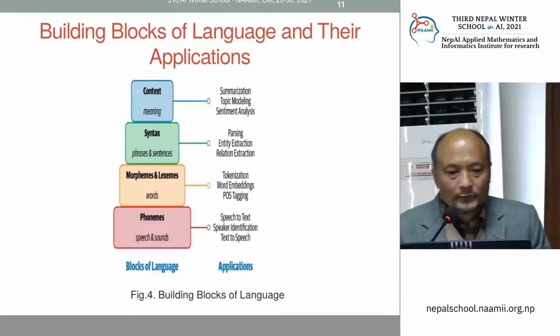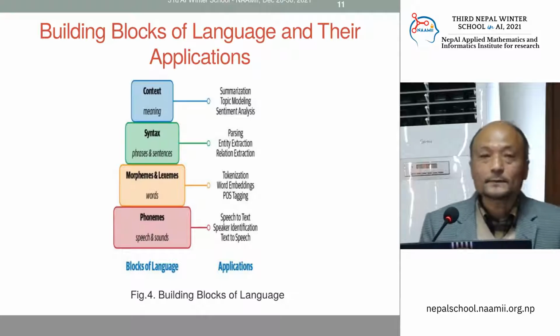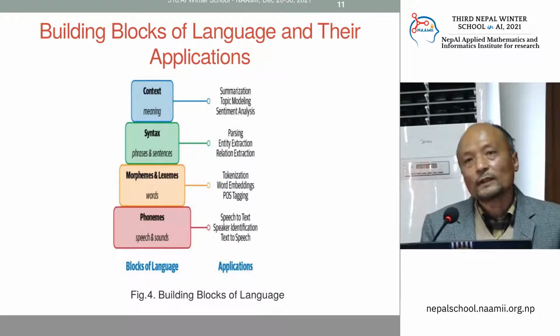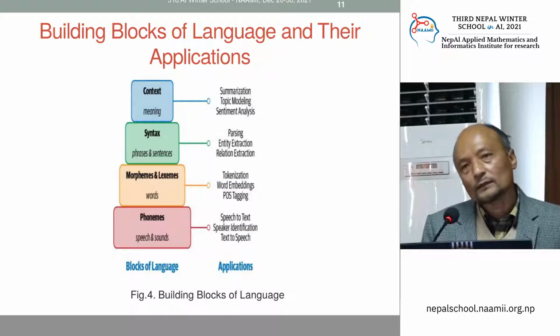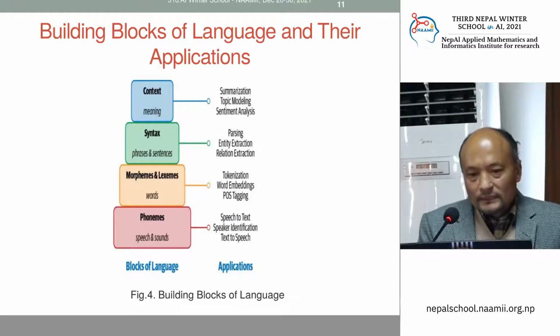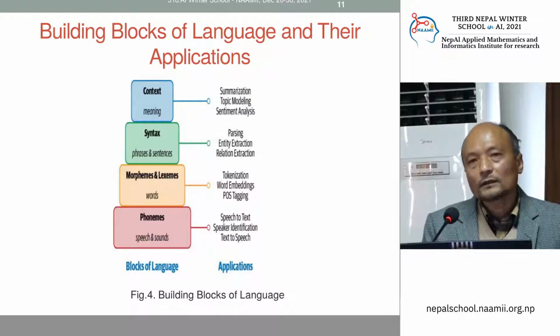So we need to understand some concepts from linguistics about the structure of a language, right? So there are different levels of analysis that need to be done here, starting from the word level and way up to the document level. So this is basically a building block.